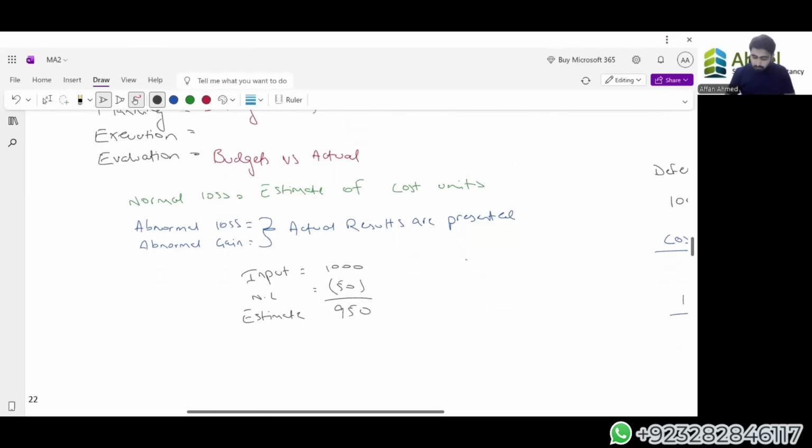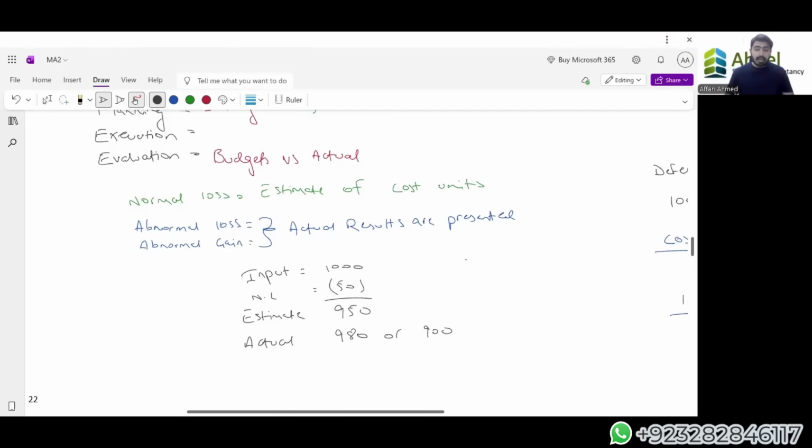Now, in actual, there can be a position where we are having 980 units, or there can be a situation where we have 900 units. Yes, anything is possible. Because the normal loss was an estimate, it can be changed, it can be wrong, it can be fluctuating.